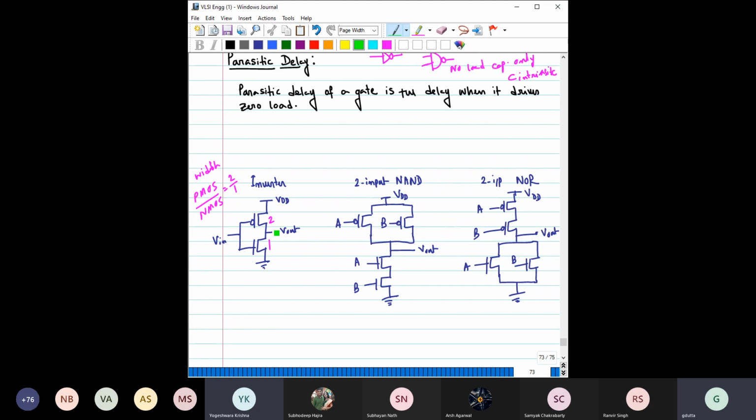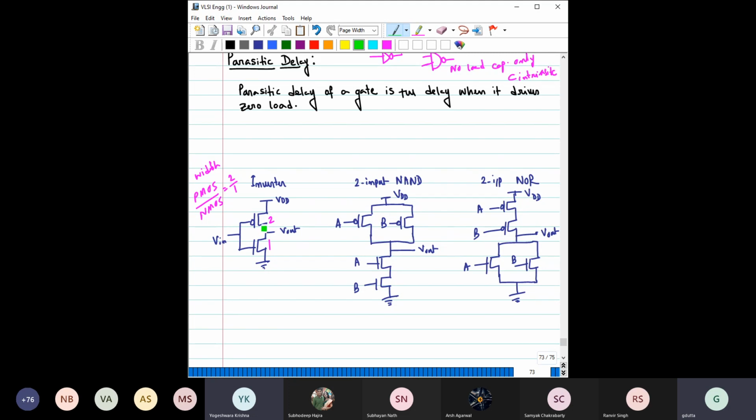What do you mean by parasitic capacitance? Parasitic capacitance is what is connected to the output. We have done an extensive study on parasitic capacitance, but here, for hand calculation, we will only consider the diffusion capacitance.